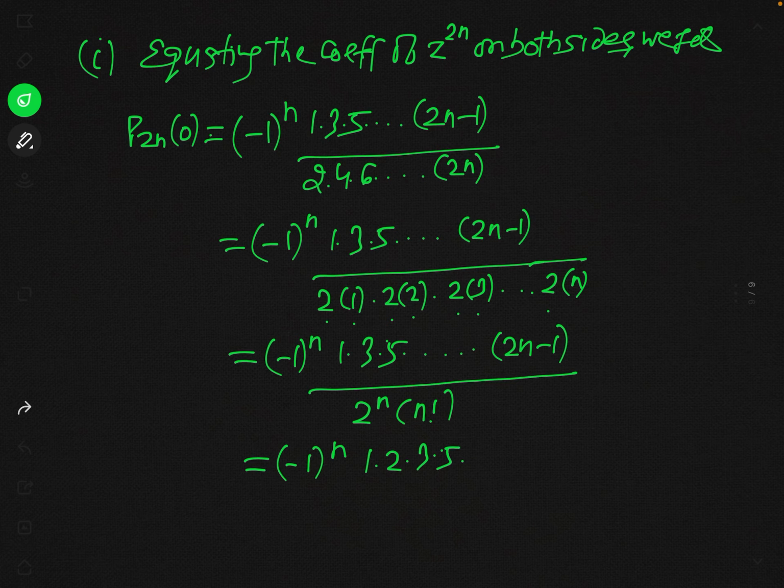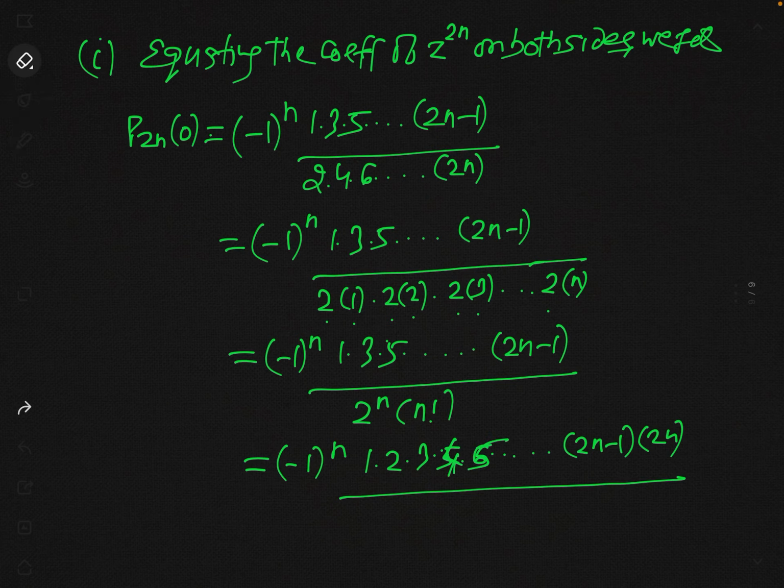But now I am writing it in this manner: 1 into 2 into 3 into 4 into 5 into 6 into so on into 2n minus 1 into 2n.